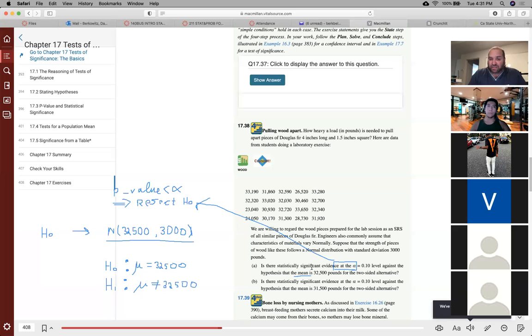Statistically insignificant evidence tells you that the evidence is not enough to reject the null hypothesis. So that word significant is synonymous with rejection. Statistically significant, reject the null hypothesis. Not statistically significant, do not reject the null hypothesis. Part B says essentially the same question, but now what's the only difference between part A and part B?